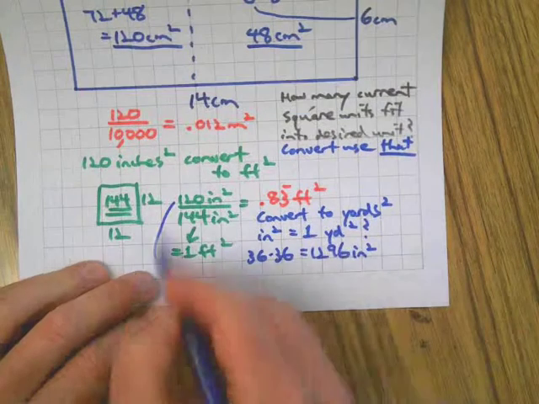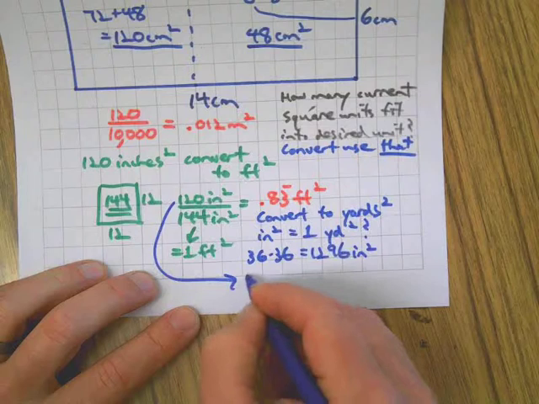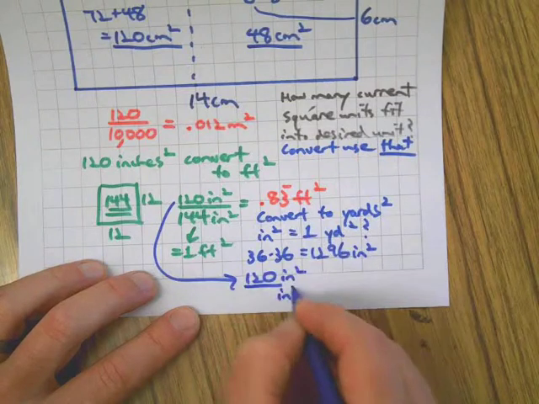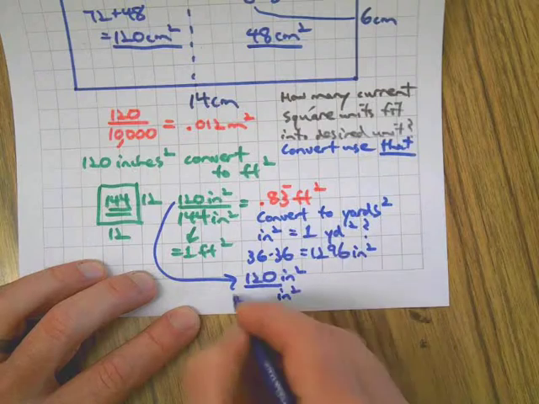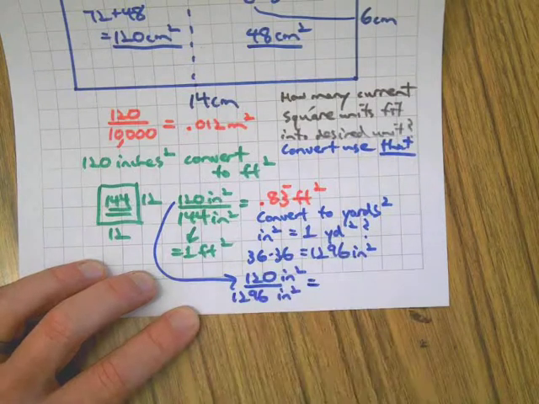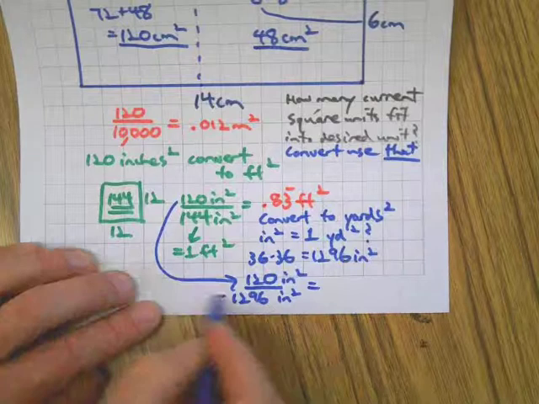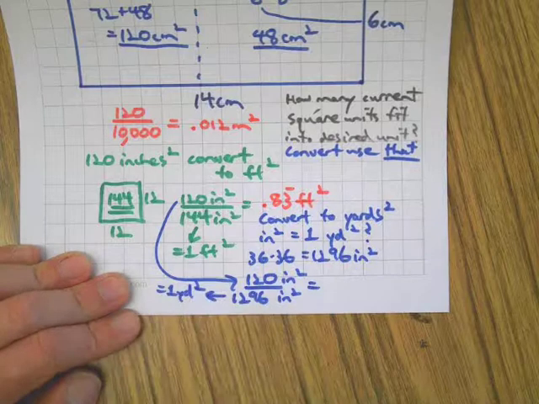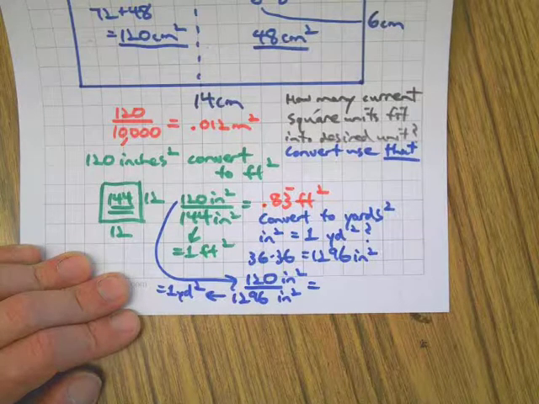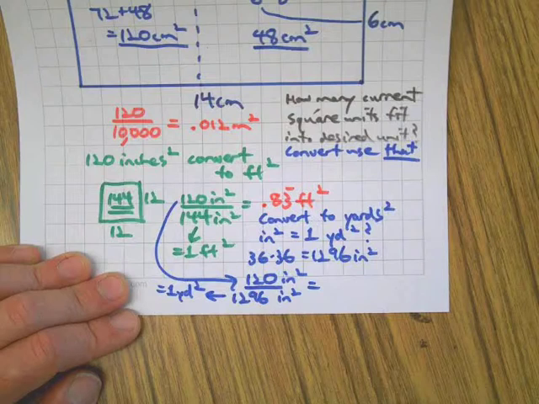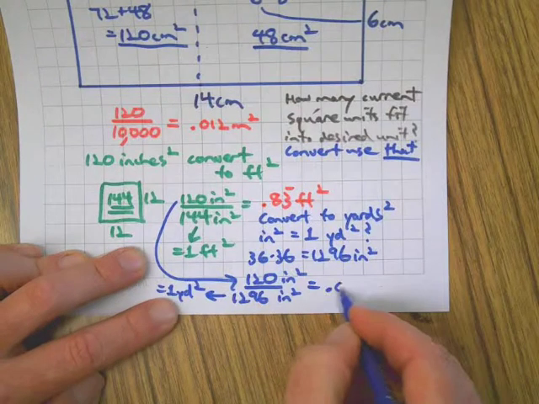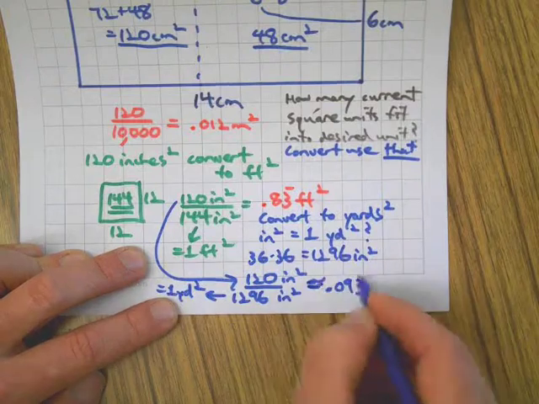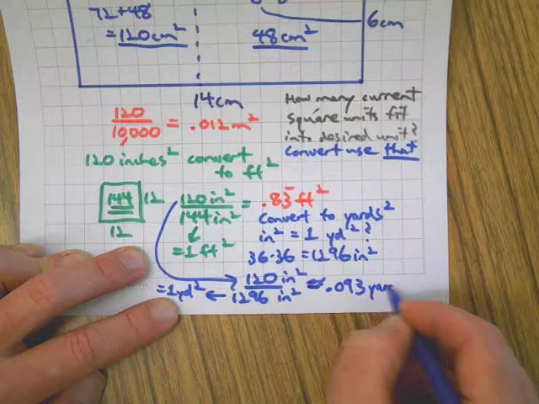So if I was going to convert my answer to square yards, I divide by the same units that fit into my desired unit, which is my square yards, because this equals 1 yard squared. So let's do that. 120 divided by 1296, and it's not much. That's rounding off.